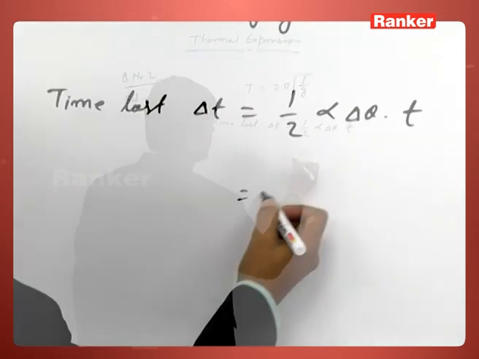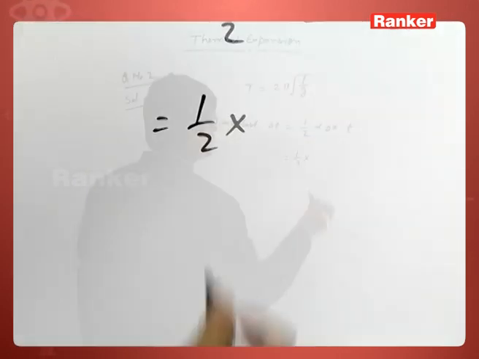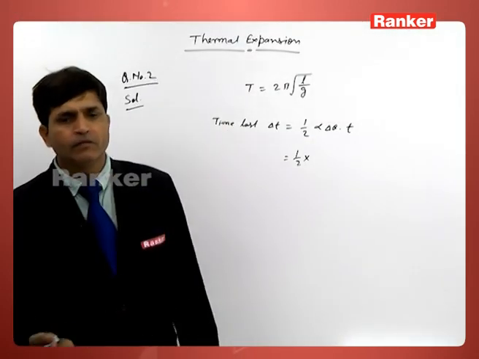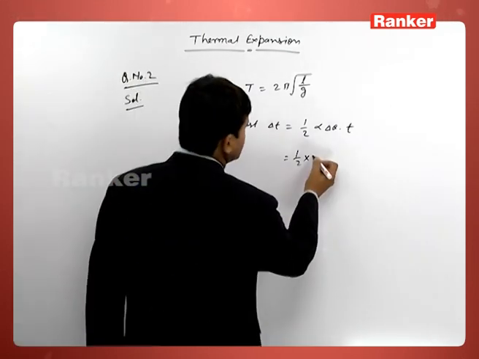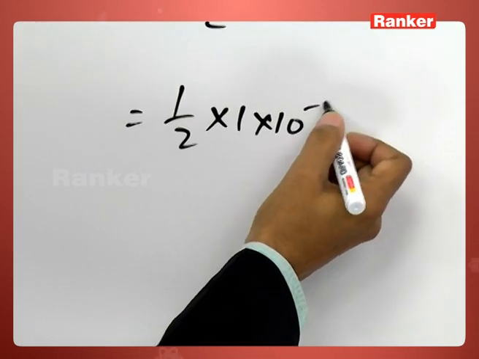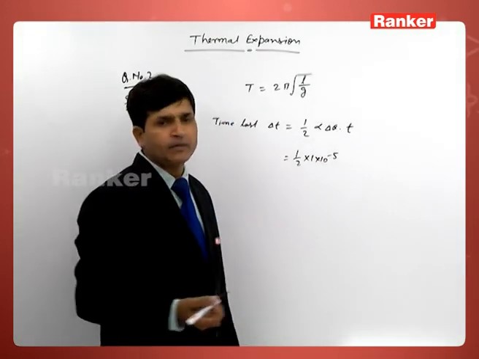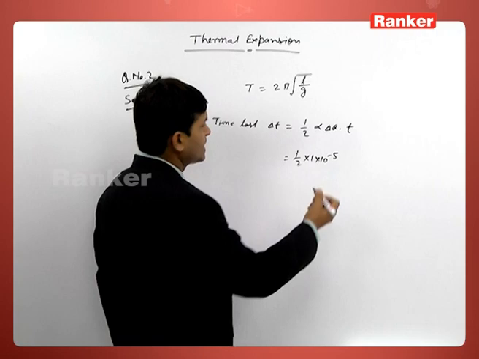See here, alpha is given as 1 into 10 to the power minus 5, and the temperature change is given as 10 degrees Celsius.